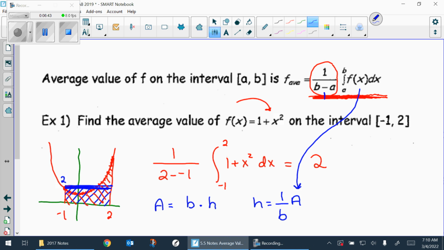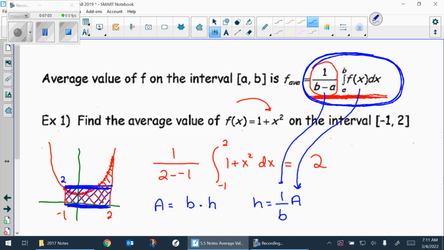And this is 1 divided by the base of the rectangle. B minus A is the base of the rectangle. That's all great, and this is a pretty easy formula to remember. That's where the average value of a function formula comes from, and one that you need to remember.